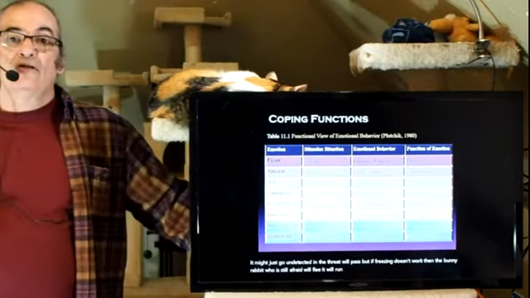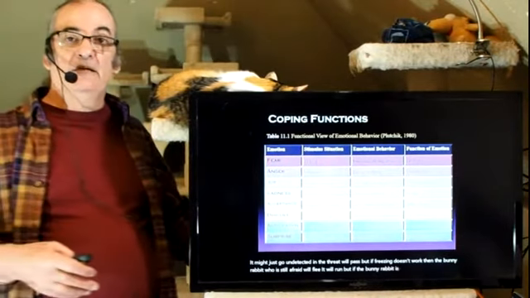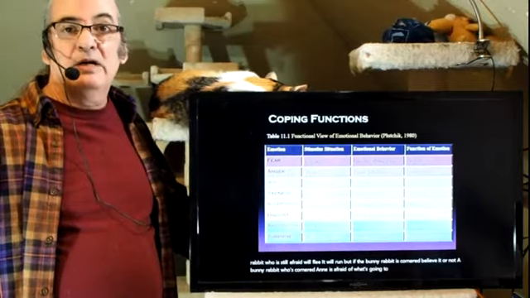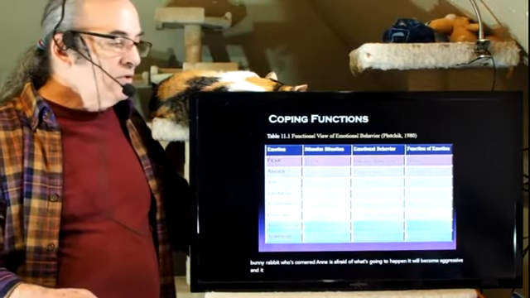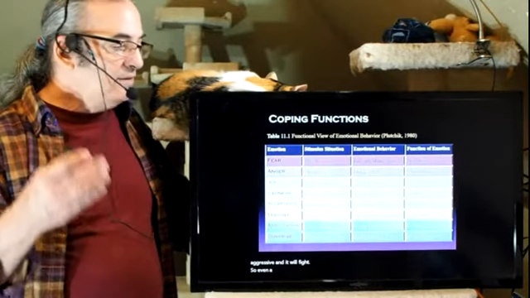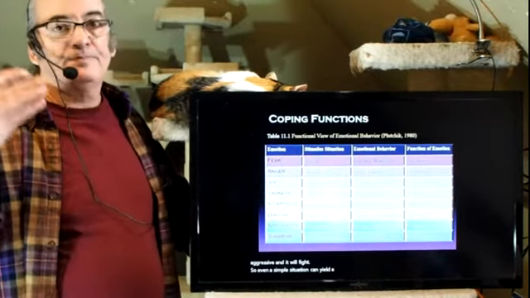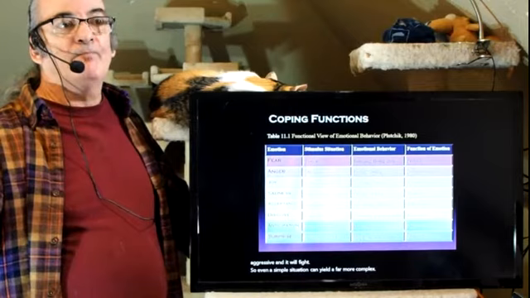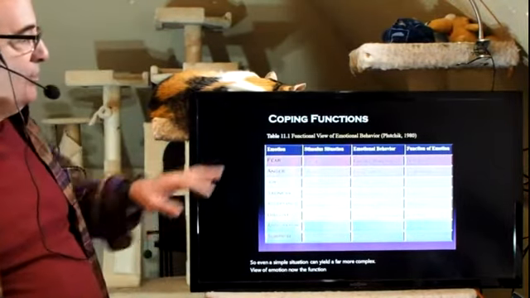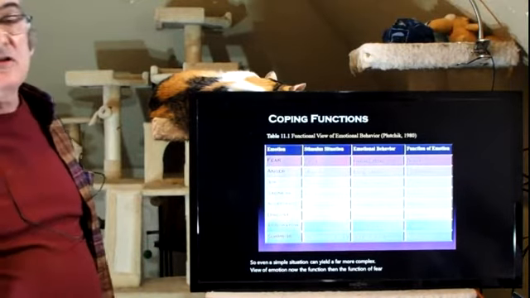But if the bunny rabbit is cornered, believe it or not, a bunny rabbit who's cornered and afraid will become aggressive and it will fight. So even a simple situation can yield a far more complex view of emotion.